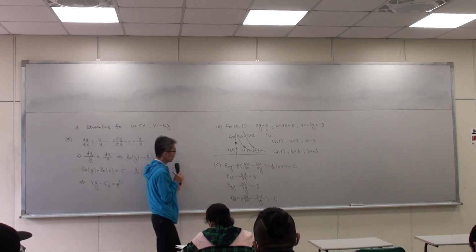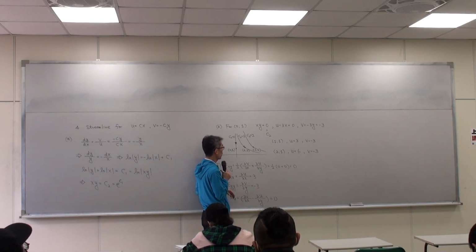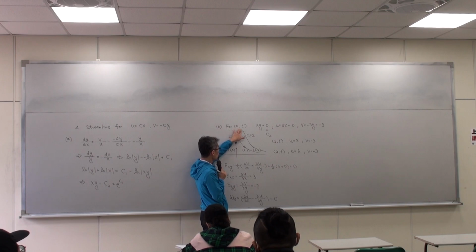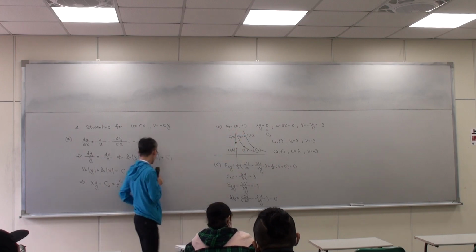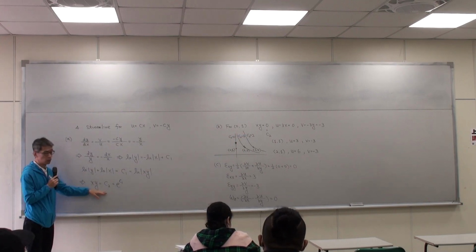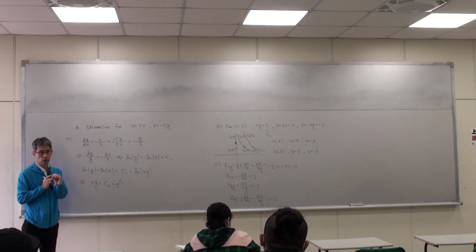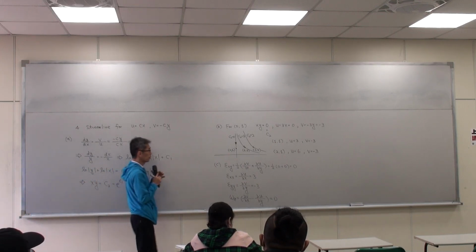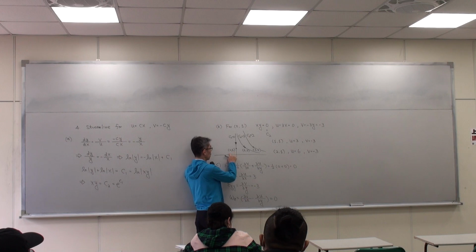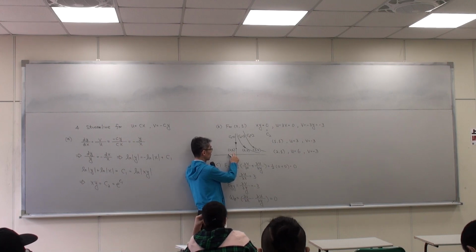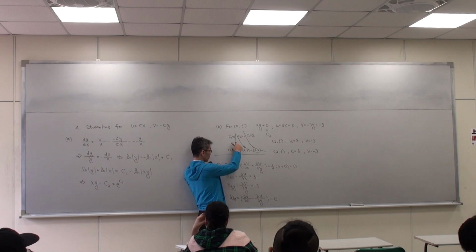So for this case, if we take the point 0, 1, then that means our C2 should become 0. So if you take the stream line for 0, 1, they should have a velocity where the x velocity becomes 0.